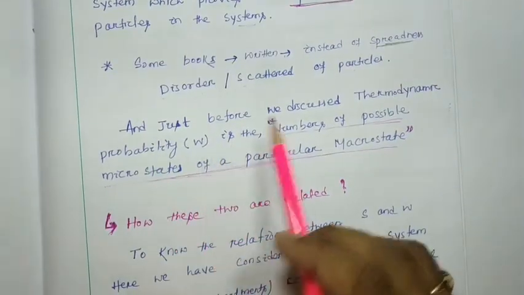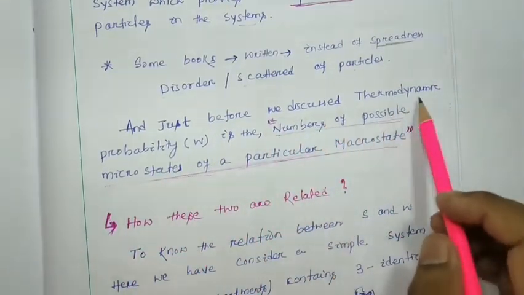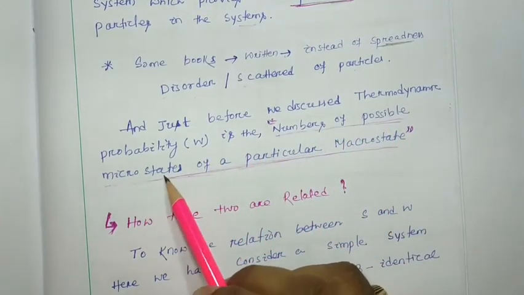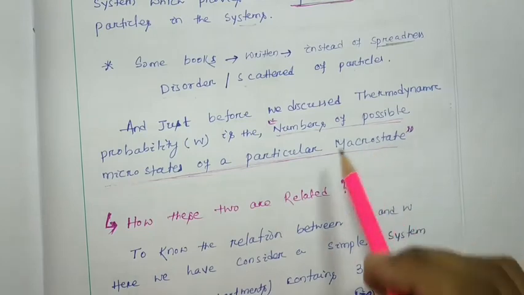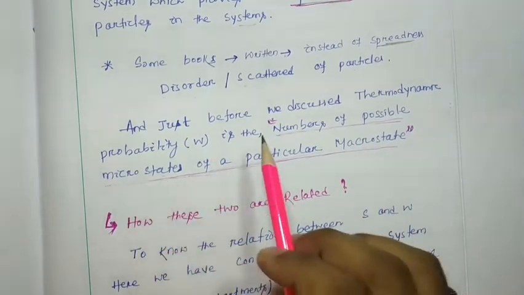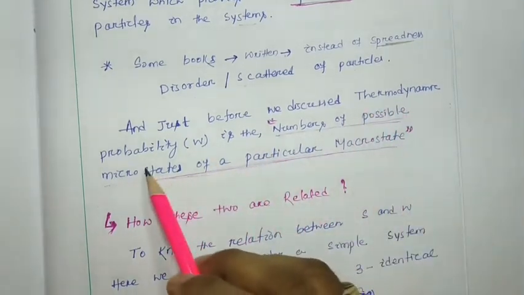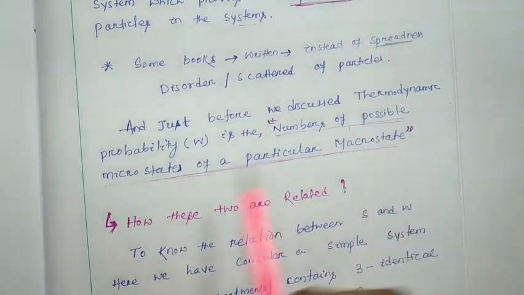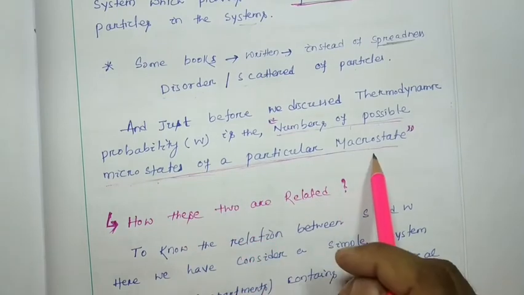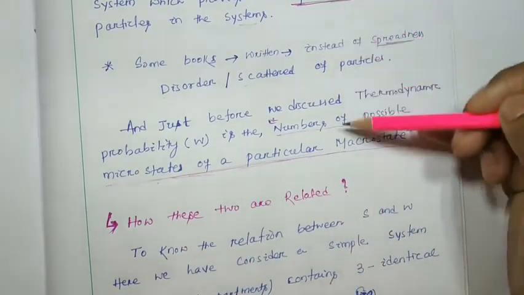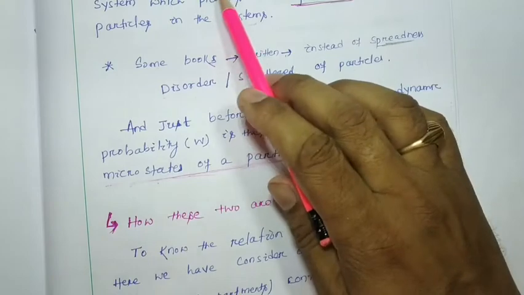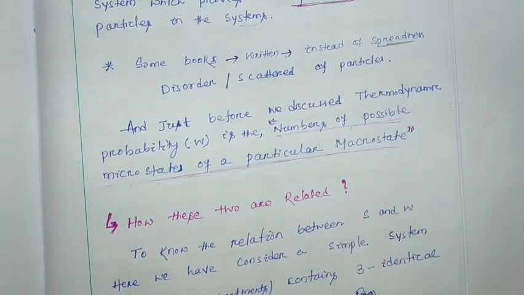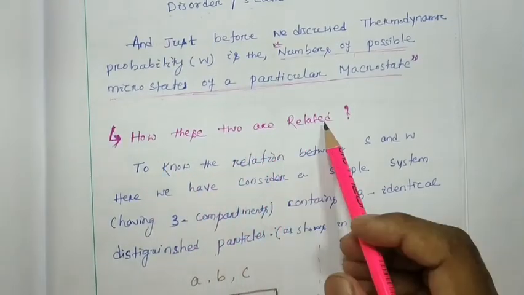Just before, we discussed that the thermodynamical probability W is the number of possible microstates of a particular macrostate. These are the basic definitions of entropy and thermodynamic probability. Now we are going to find out how these two are related.